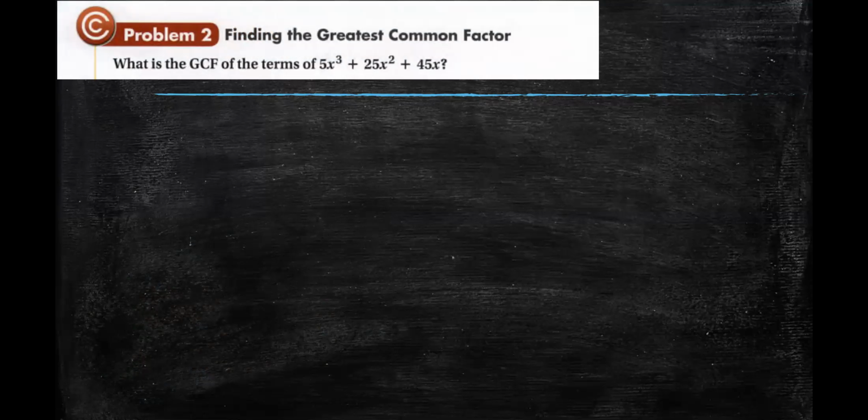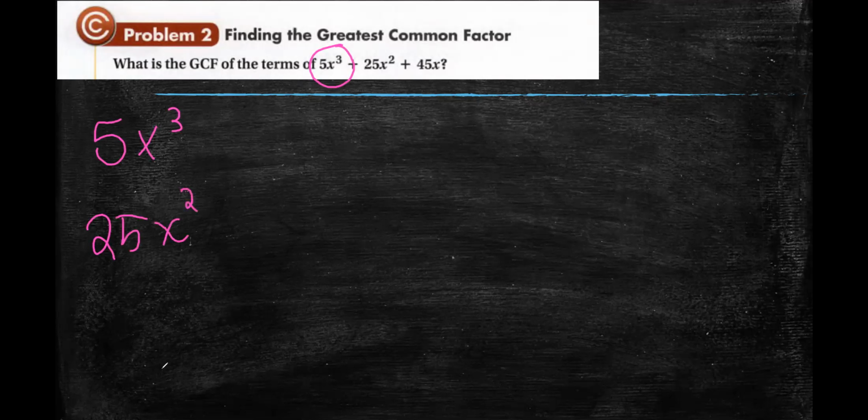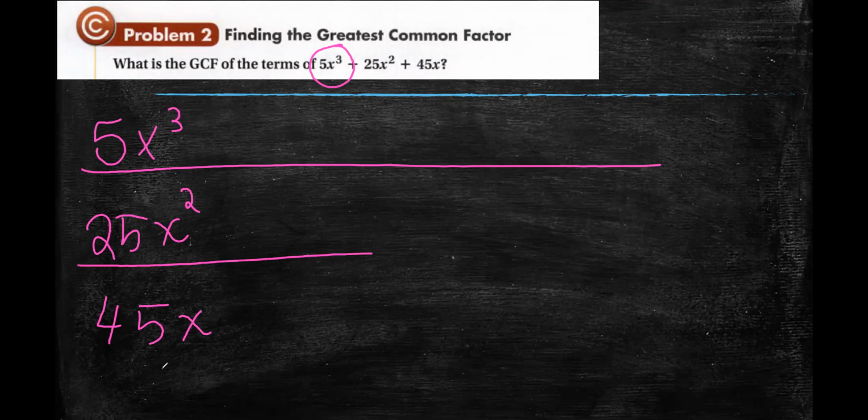To find the greatest common factor, the first step, write 5x cubic here and 25x squared and 45x. Write all of them as these three terms. Then the 5x cubic. Before that, what is the meaning of a greatest common factor? Let's go back.